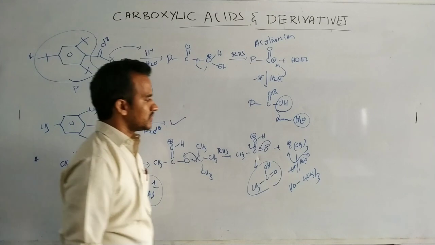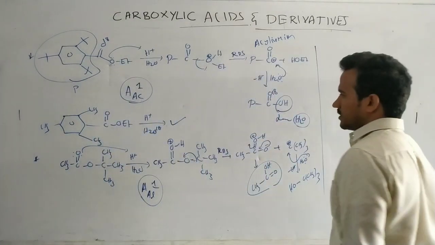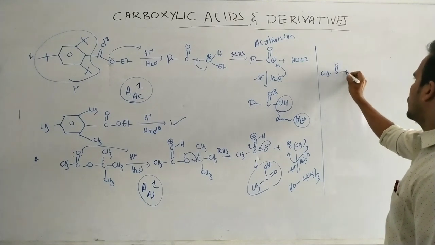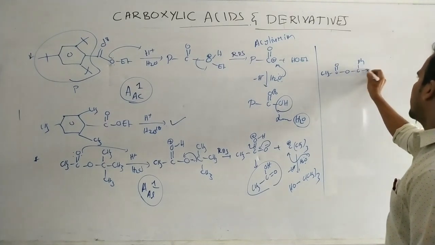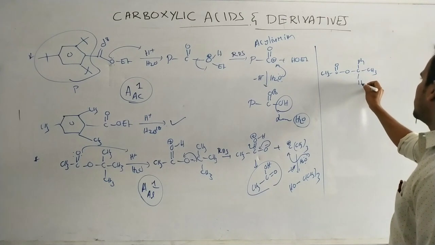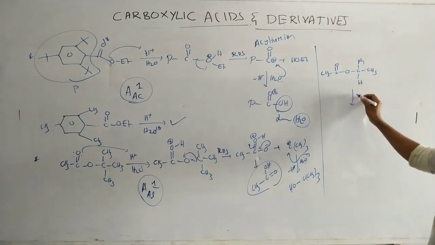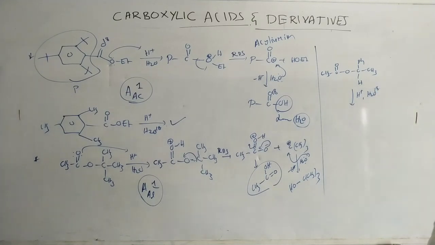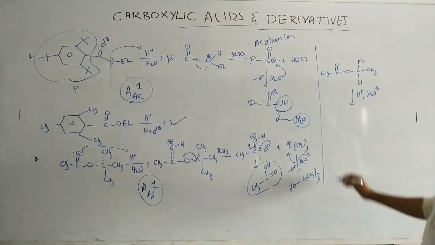Now we can write the products of these reactions. CH3C double bond O, here phenyl, CH3 and here H. This one on treating with H plus and H2O 18, write the product.